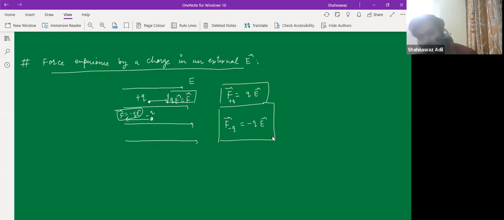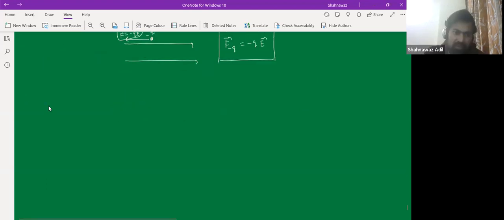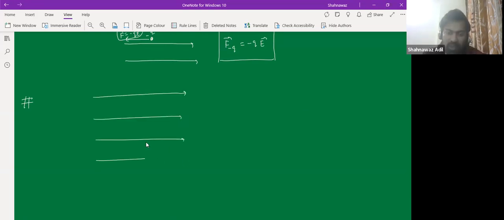And then, if we place a dipole, right? If we place a dipole in the uniform electric field, then what happens? So if we have a dipole, right? So this is the negative charge.